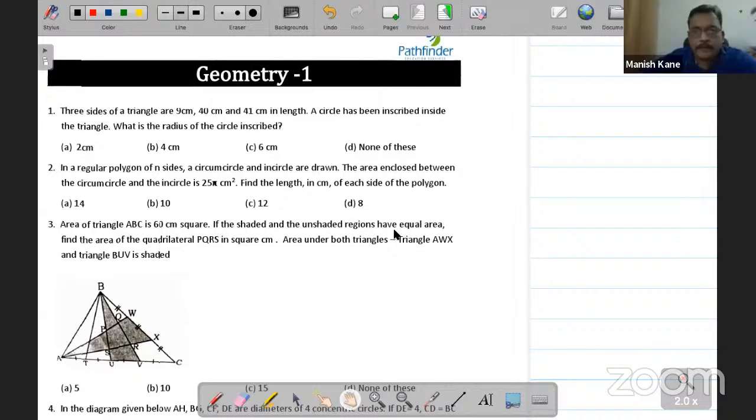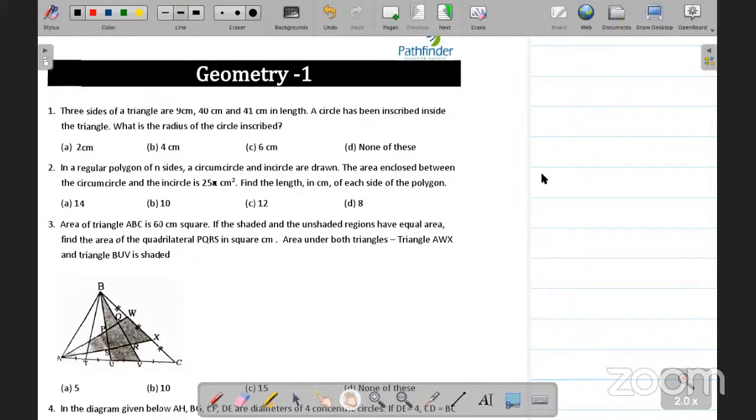Okay, so I have given you 2 minutes to solve the first question. How many of you have solved it? How many of you have solved the first 2 questions? So it is 6.